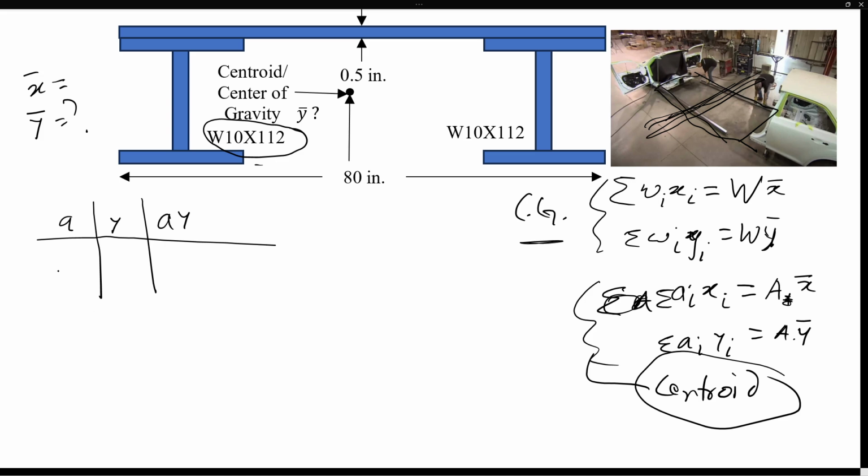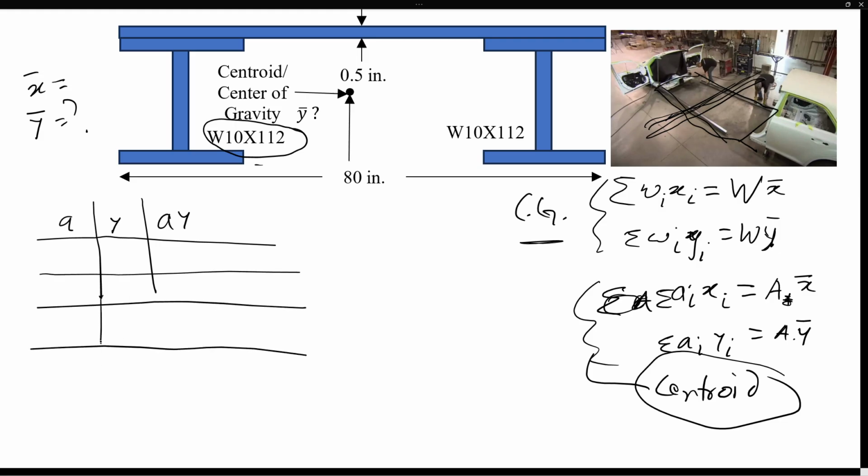Here you have three different things going on: two wide flange beams and one half-inch thick sheet across the entire bed. The area of the wide flange beam I collected from the table in the back of the book. It is 32.9 inches squared.